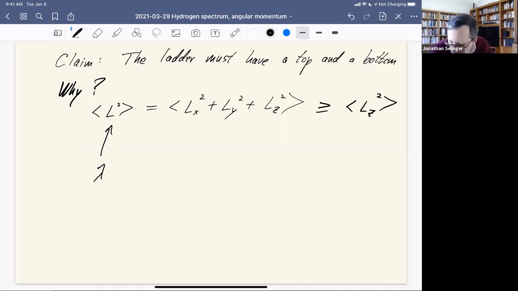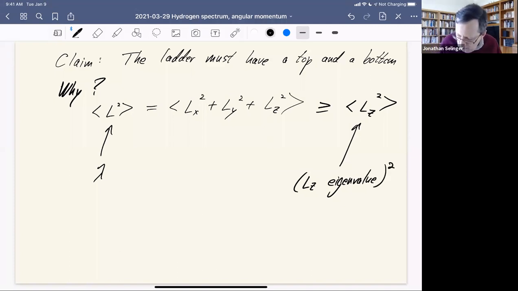Likewise, if we are in a state that's an eigenstate of Lz, then the Lz squared expectation value is the Lz eigenvalue squared. So the Lz eigenvalue squared has to be less than or equal to lambda.